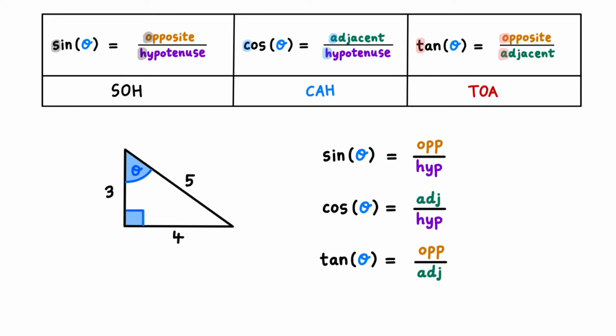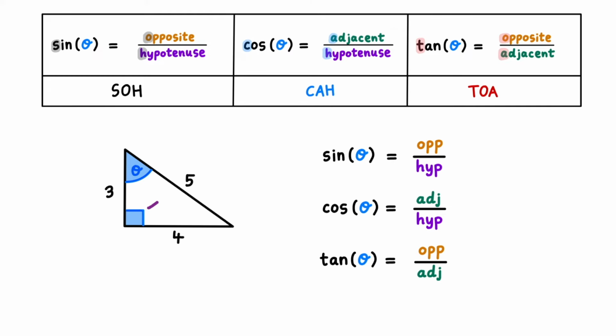In this triangle, one angle is labelled as a right angle and another angle is labelled as theta. The three sides are labelled 3, 4 and 5. To find the sine, cos and tan of theta, the first step is to label each of our three sides.